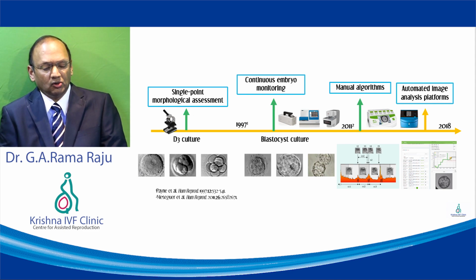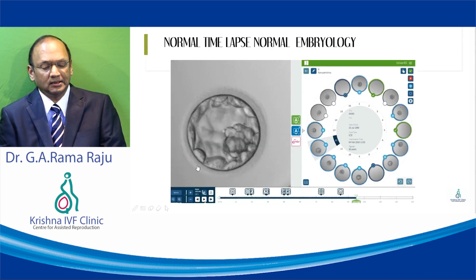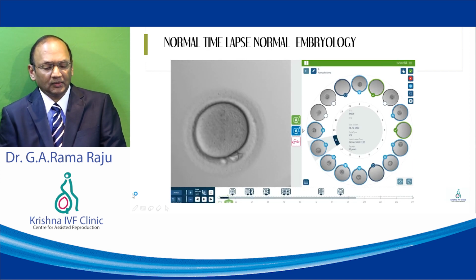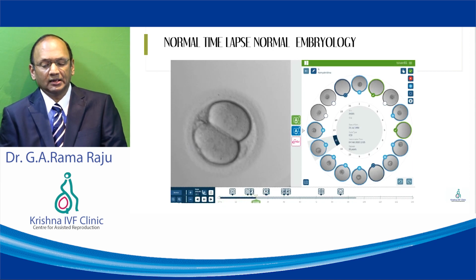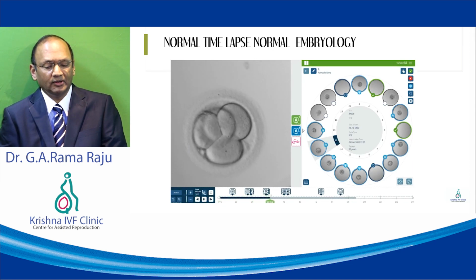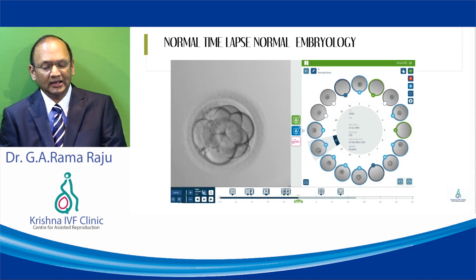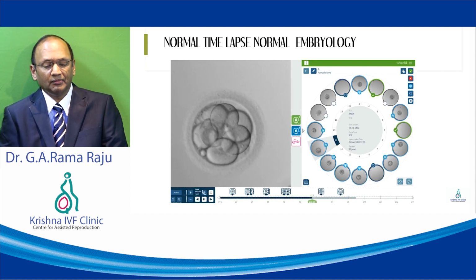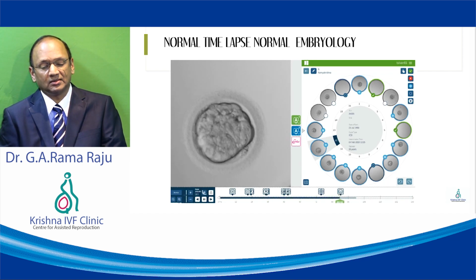Here I am going to show how a time-lapse monitored embryo looks. On the right side is the number of chambers for the embryos, and this is the time sequence in hours as it progresses from fertilization to compaction to blastocyst.